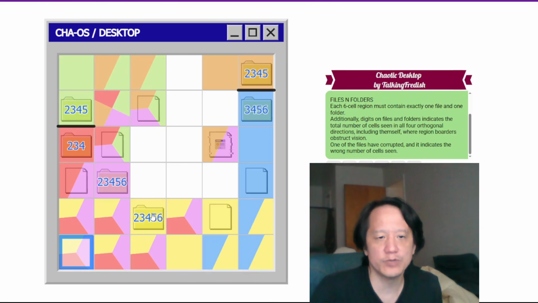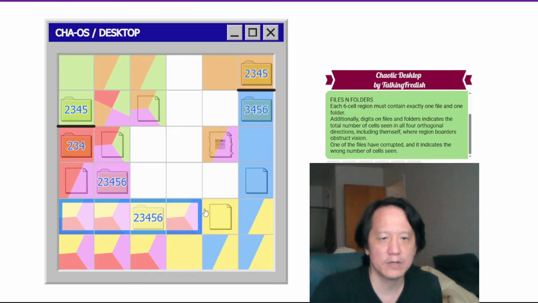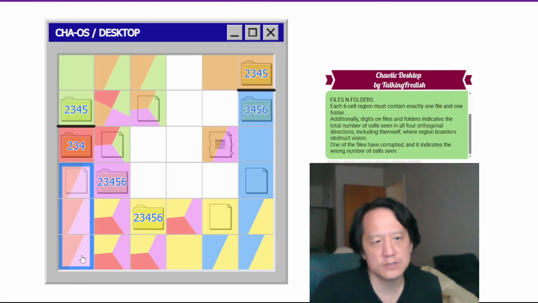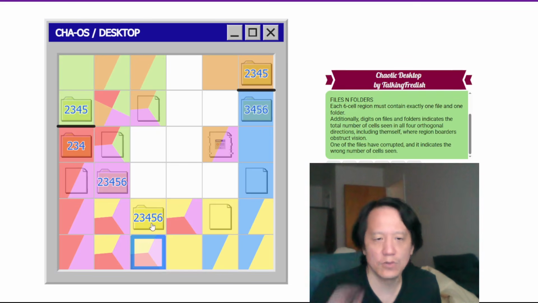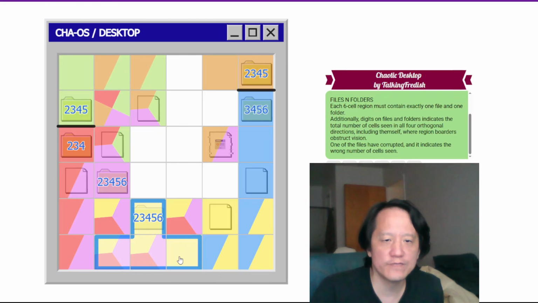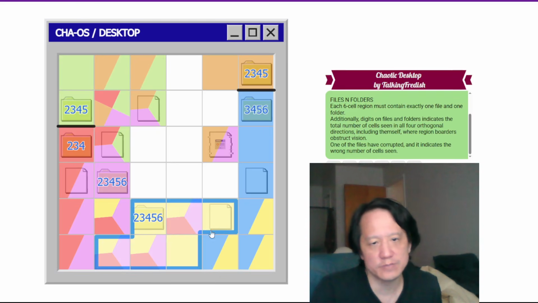That, and also we can't have yellow go that way. That would block these from being a region. So these cannot be yellow. These have to be the same as this. Well, not necessarily. 1, 2, 3, 4, 5, 6 is possible.